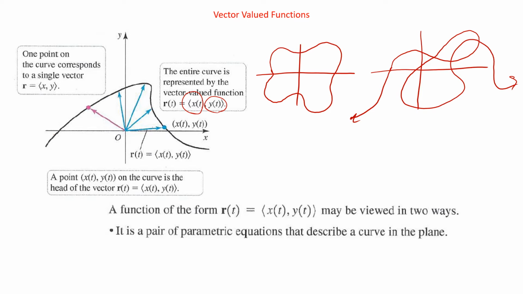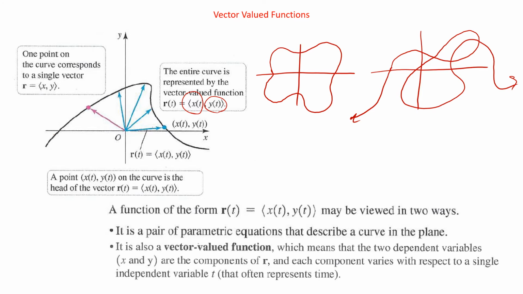So we can think of it as that. We could also think of it as a vector valued function, which means that we have the two dependent variables, x and y, which are the components of our vector r, and each varies with respect to a single independent variable that often represents time.